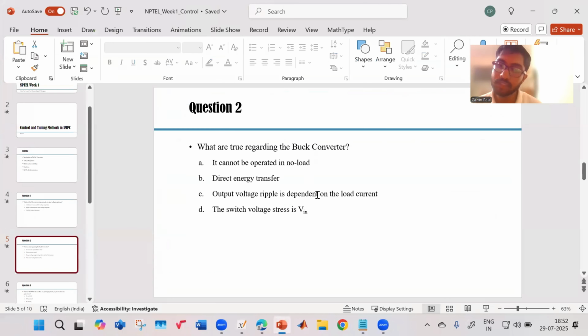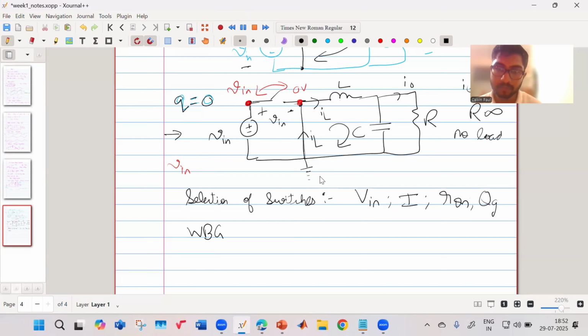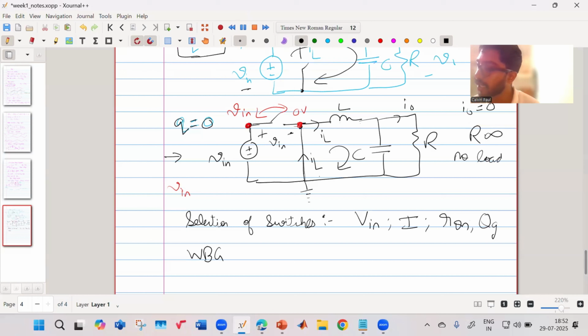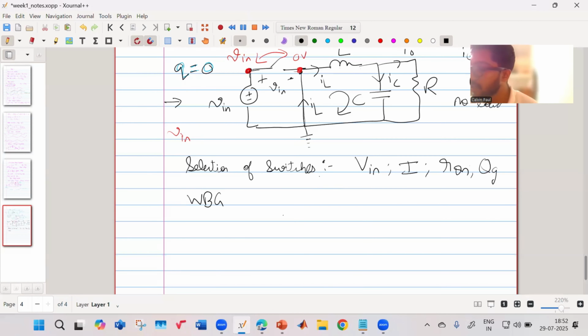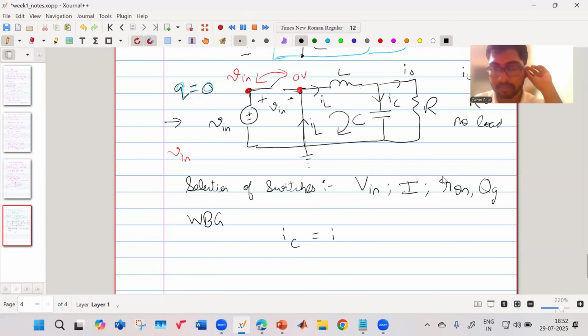Next is that output voltage ripple is dependent on the load current. This is your IL, this is your output, this is your IC. Sir, if the input voltage is Vin, what should be the rating of the switch?